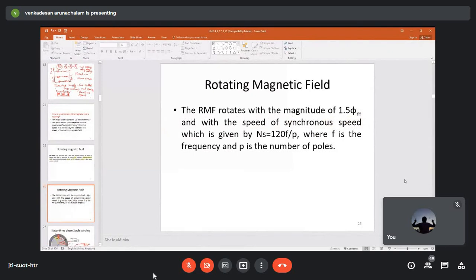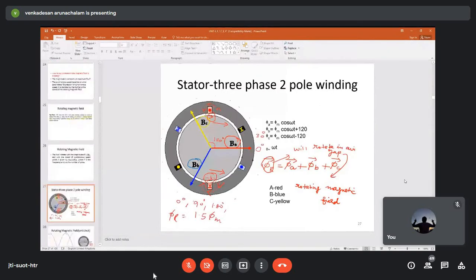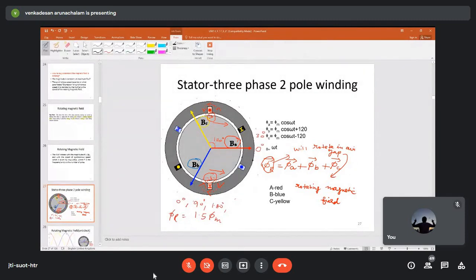Now to understand that, we will take an induction motor which is having a stator. This is your stator, and this is your rotor.